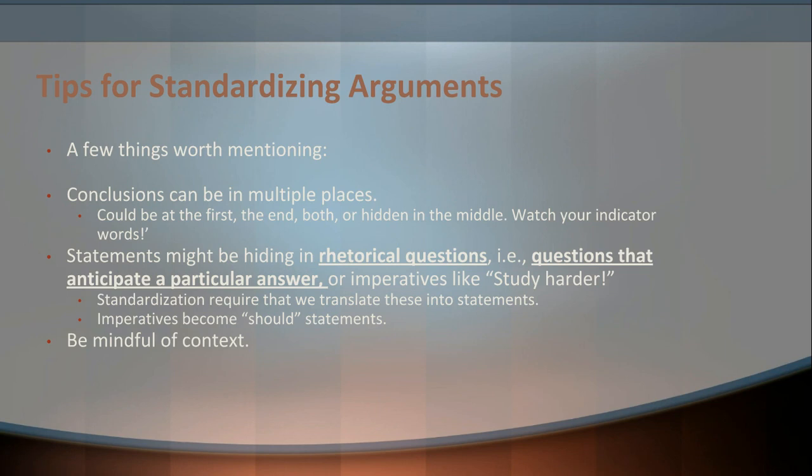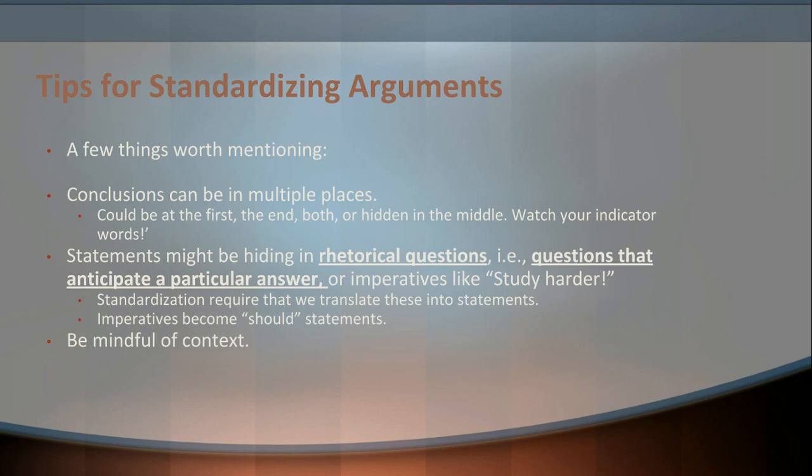So if we take the example of, if you won't help, then who will, as an example rhetorical question, looking at that, we can pull out the just straightforward claim that if you don't help, no one will. Because that's really the kind of point that the question's making.